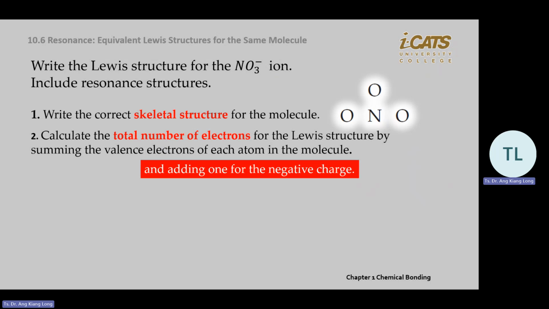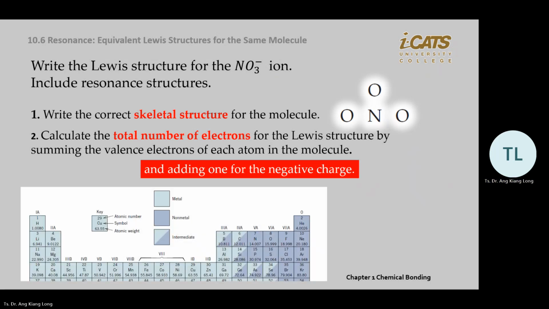If you see an ion, it involves an extra step. If it's a negative charge, you need to add electrons to the total number. If it's a positive charge, you need to remove electrons. Here, add 1 electron because it's a negative charge.